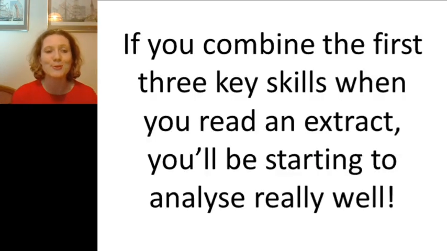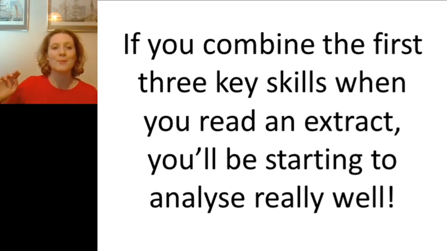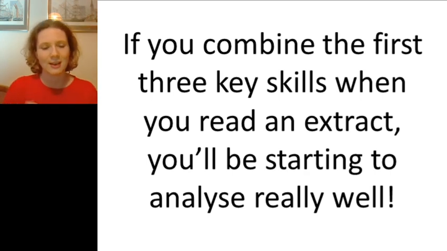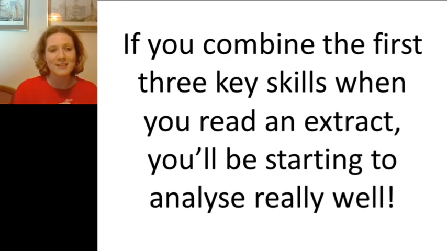And if you combine those first three key skills, so your inference, your, oh God, what was it? I'm panicking now. It was inference, it was symbolism, and it was connotations. There we go. Sorry, had a moment. If you can spot connotations, you can spot symbolism, and you can infer what these things mean, then you're going to be analysing really, really well.